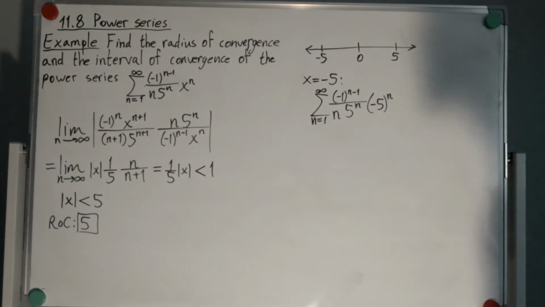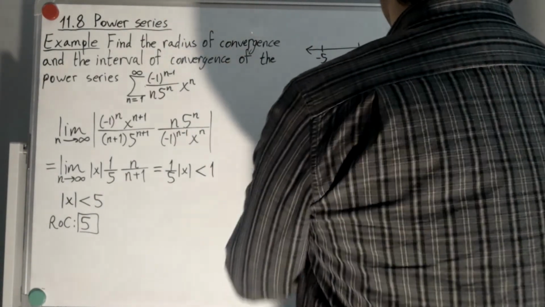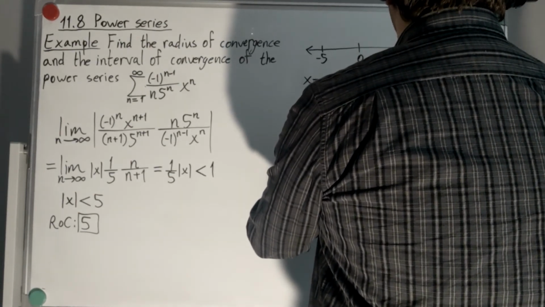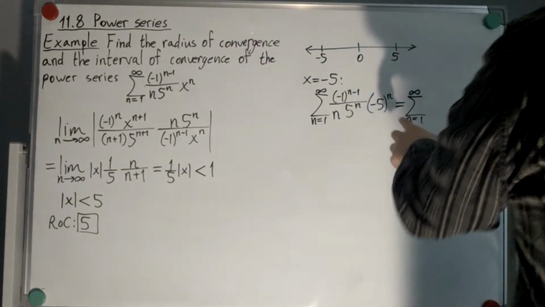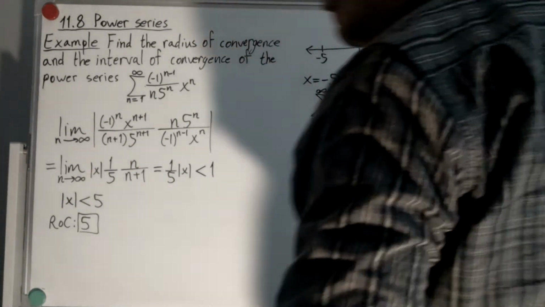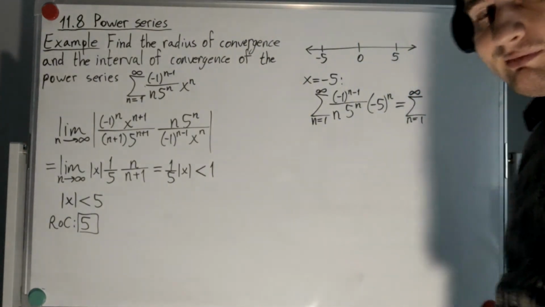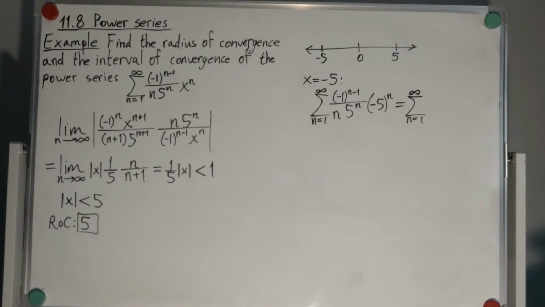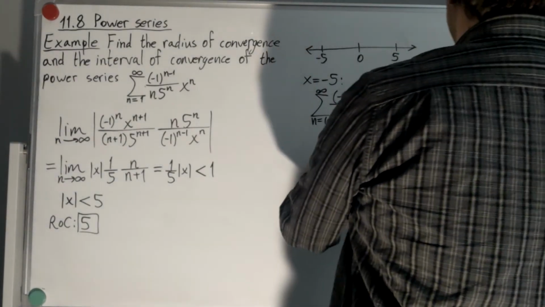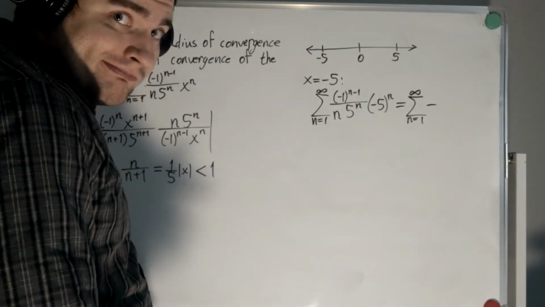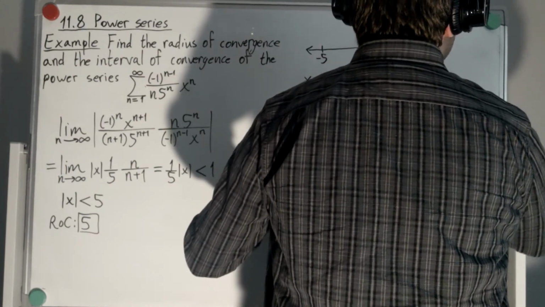Okay, so now this turns into the sum from n equals 1 to infinity of, let's see here, so we have negative 1 to the n minus 1 times negative 1 to the n. That's actually just going to give us negative 1, because it's the same as negative 1 to the 2n minus 1. So we have a negative sign. The 5 to the n's cancel, and then what we're left with here is just 1 over n.